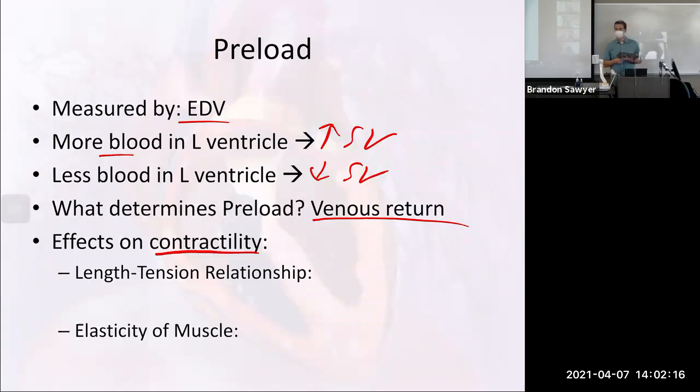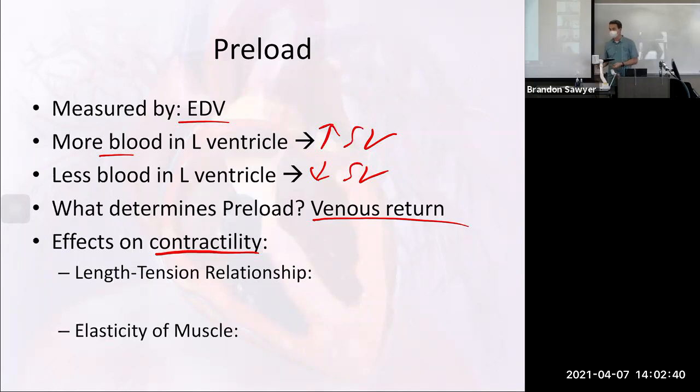Okay, so remember last semester when we talked about the length tension relationship in skeletal muscle, right? We did it with the bicep curl, where if you were all the way stretched out and trying to do a curl versus all the way up here versus right here in the middle, this one in the middle was the one that produced the most force, right? Because we had the most interaction of actin and myosin that way, and we also still had some room to shorten, okay?